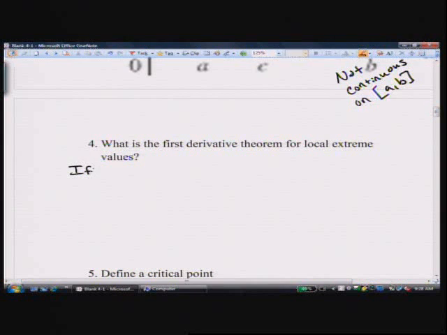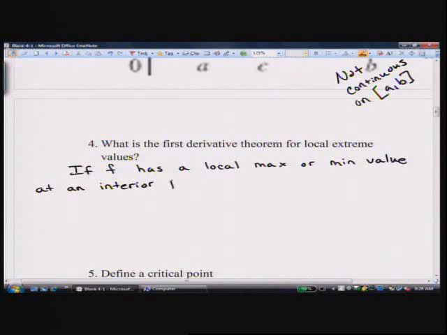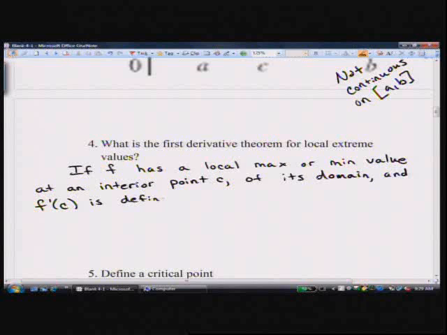If f has a local max or min value at an interior point, and we'll call it c, of its domain, and we know that f prime of c is defined, then it must be true that f prime of c is equal to 0. Okay?